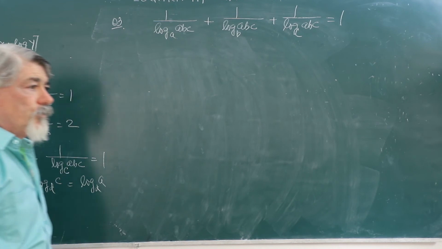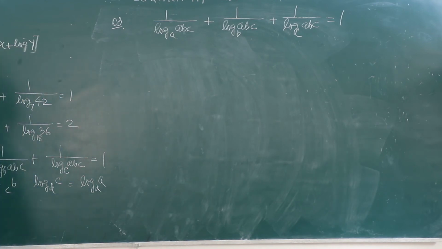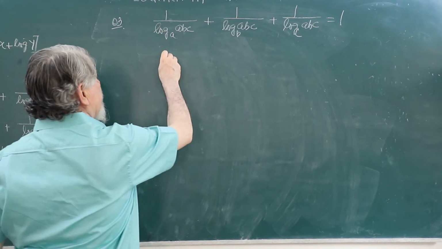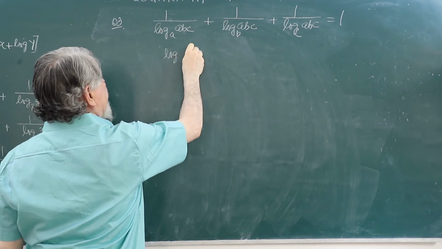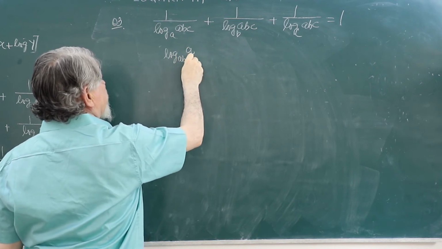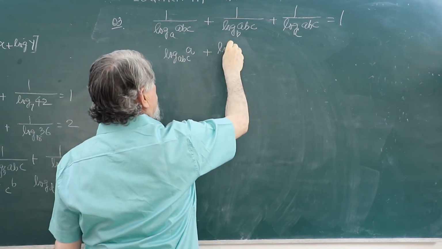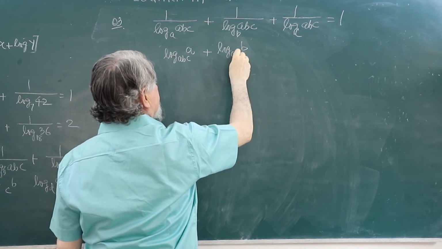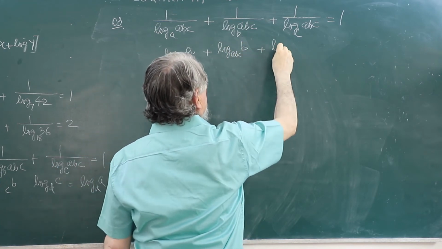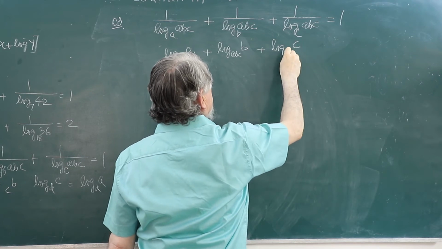Again, I am going to change the base to the same. I'll take the logarithm from denominator to numerator. It will become log A to the base ABC, log B to the base ABC, log C to the base ABC.